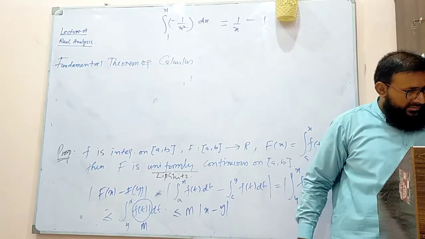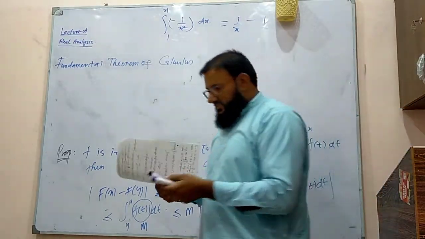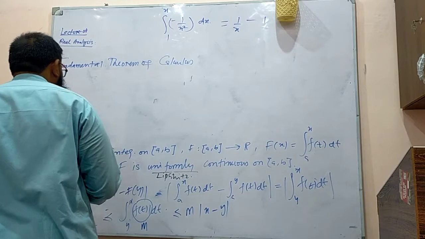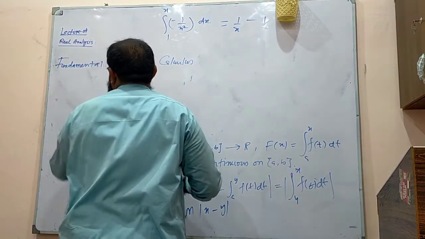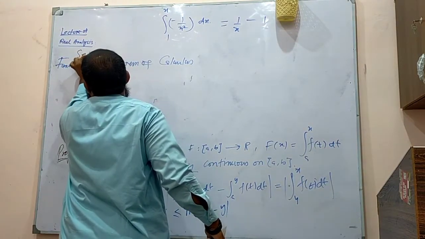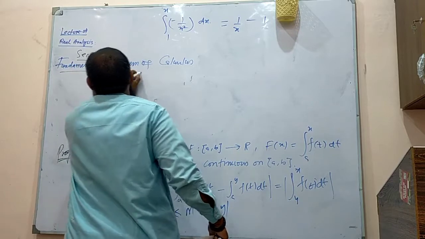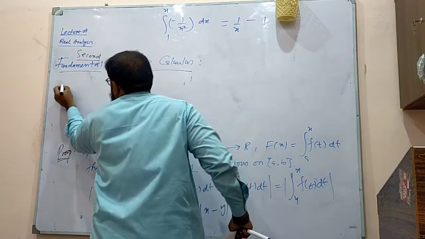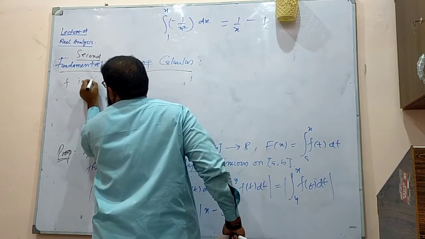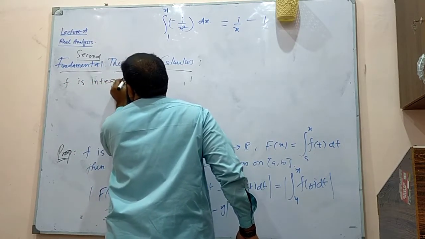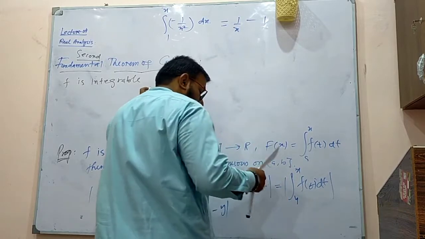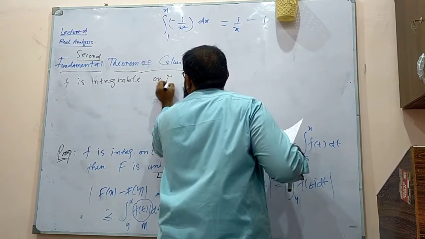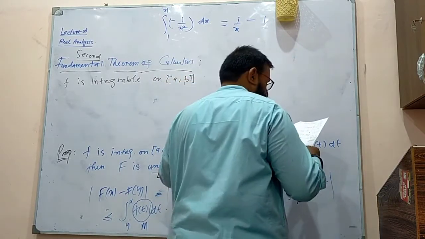So I think now we can redefine the same proposition, but this is what we call the second fundamental theorem of calculus. So f is integrable on some closed interval a to b.